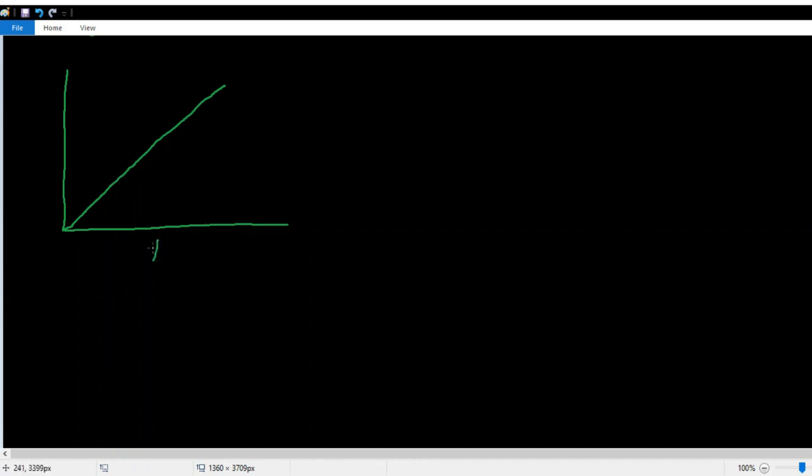You put your current on one axis and your potential difference on the other. If you calculate your resistance across this graph, it is constant.